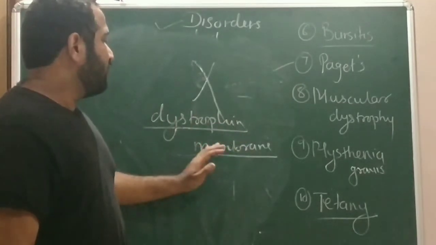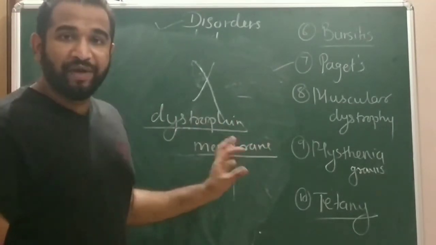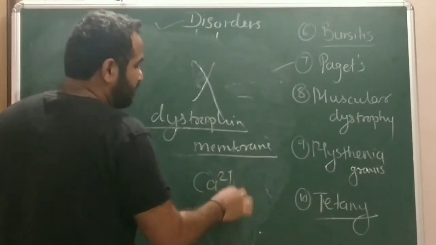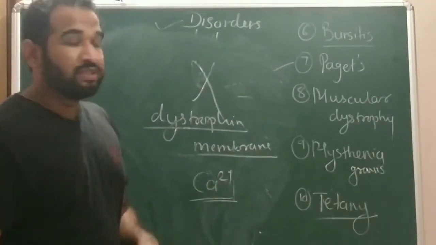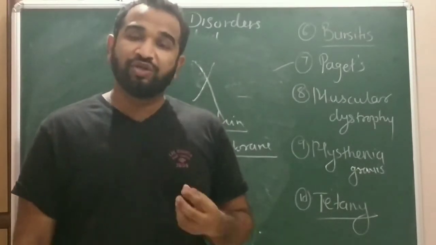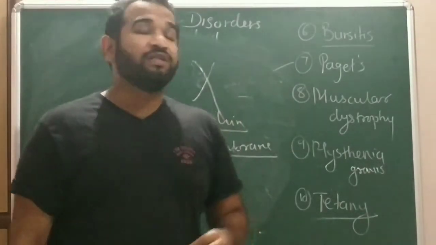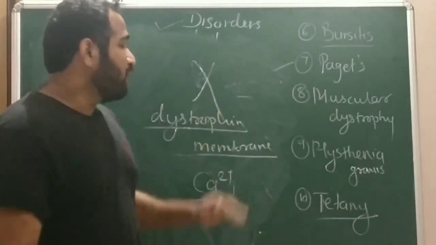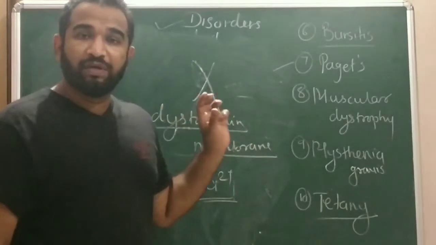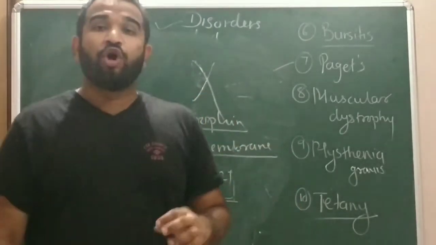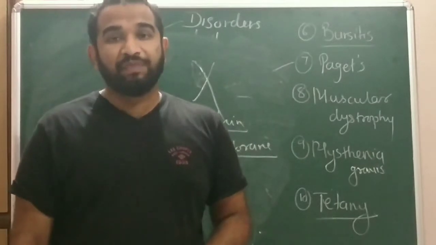This dystrophin is responsible for the maintenance of the membrane, as well as the release of calcium from the skeletal muscles. But when there is a mutation in a gene, the gene fails to produce the protein. So the dystrophin would not be produced, the membrane stability will not be maintained, and the calcium will not be released out of the skeletal muscle fibers.